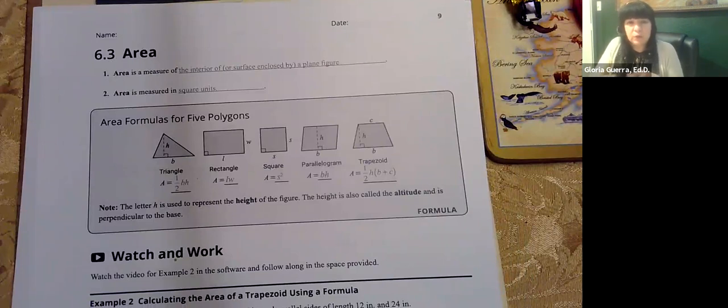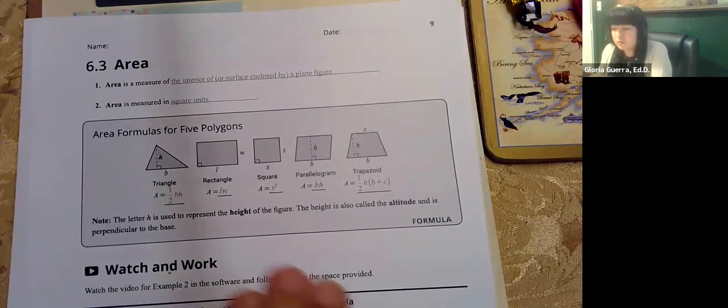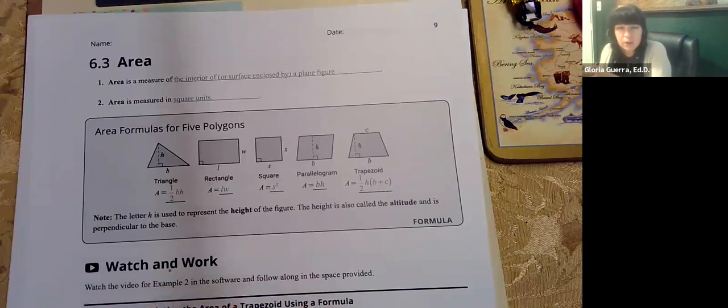All right, so for Section 6.3, remember that you want to do 15 minutes of Learn in your Hawkes Learning, and that should cover the time on these pages. These are taken from the ebook, but they're in your workbook.